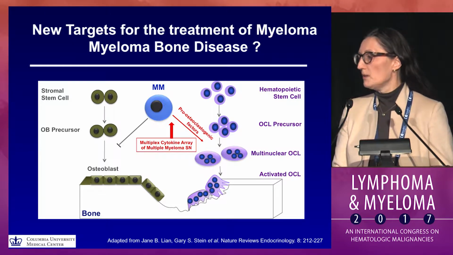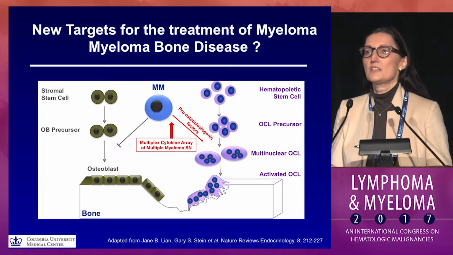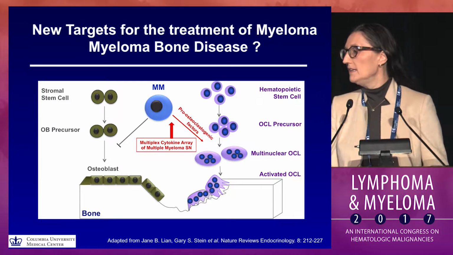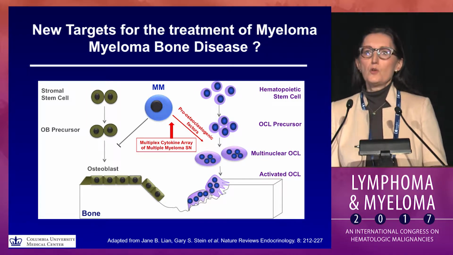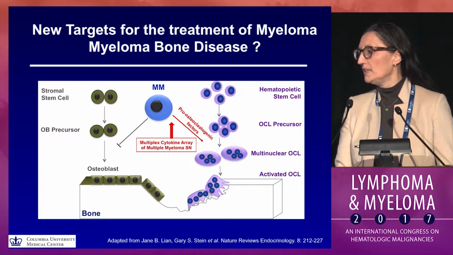That led to the assumption that multiple myeloma cells and the osteoclast precursors have a tight interaction, that many pro-osteoclastogenic factors secreted by the multiple myeloma cells activate the osteoclast precursors and lead to multinucleated osteoclasts. In an effort to identify osteoclast activating factors, we did a cytokine array.